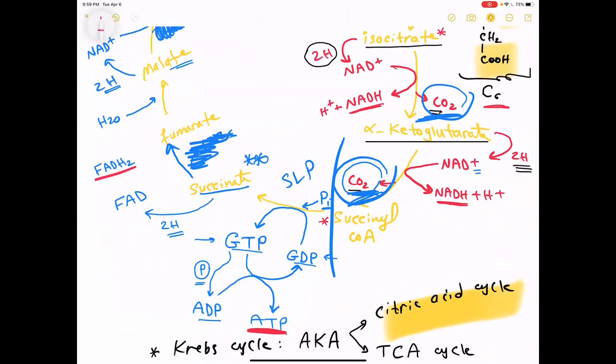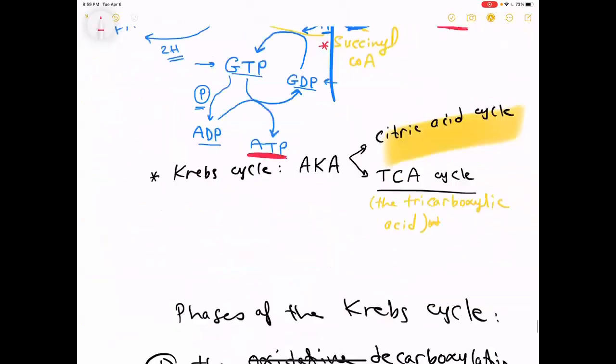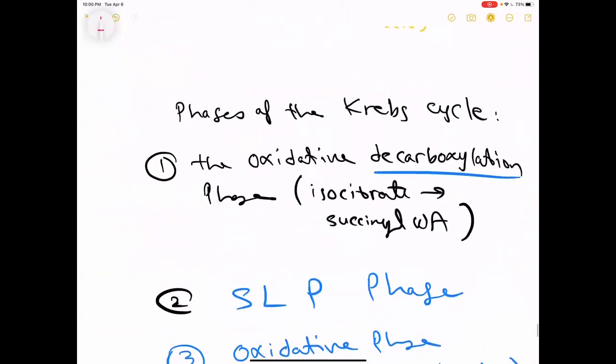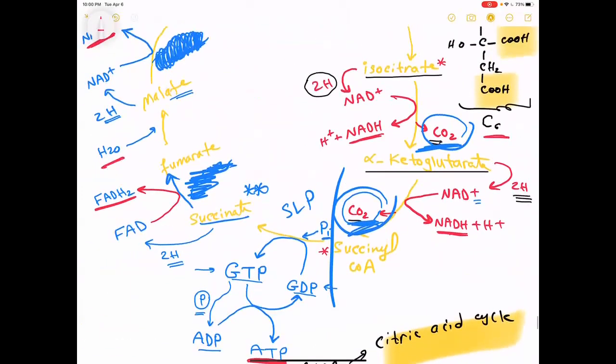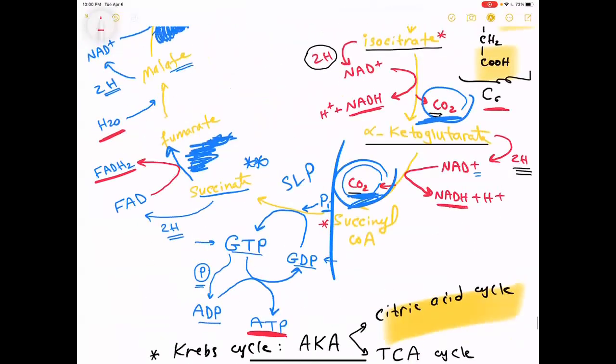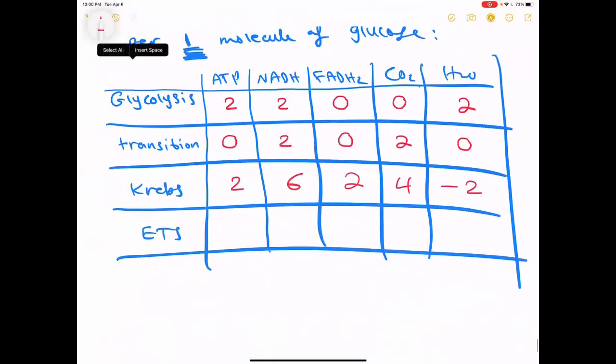CO2, 4, we emphasized that. And H2O minus 2, because I need 1 H2O for every firing of the Krebs cycle, and that cycle is being fired twice. And by the way, CO2 one more time, but I have 2 firings. That's why I wrote down 4.